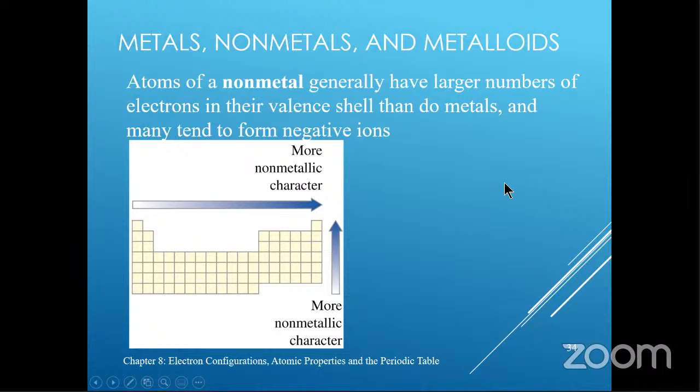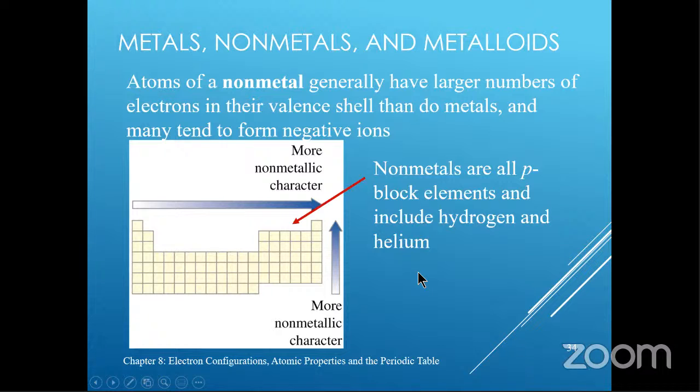So the trend in non-metallic character will be the opposite of what we just saw in the case of metallic character: as you go across a period and up a group, the elements will tend to be more and more non-metallic. The nonmetals are all in the P block region. And of course, we have hydrogen and helium, which are in the S block region, which are also nonmetals, all right?